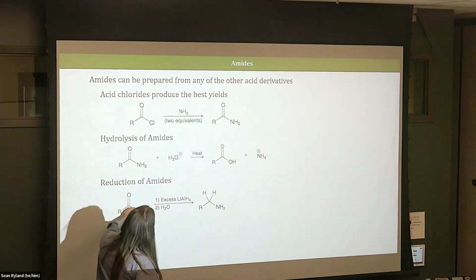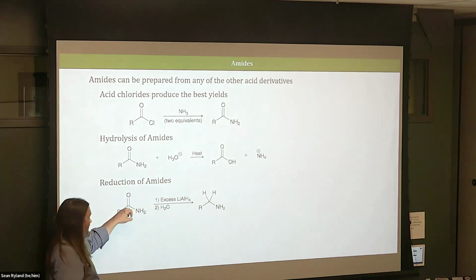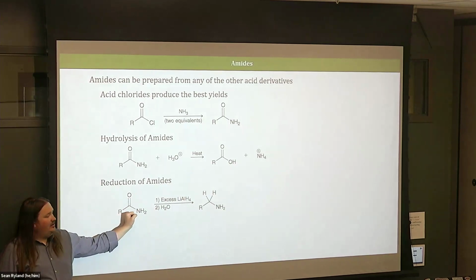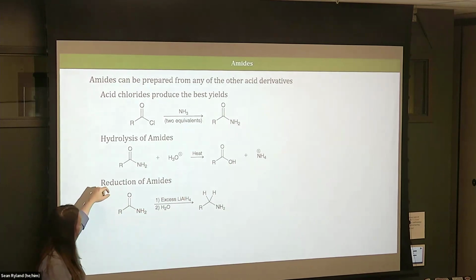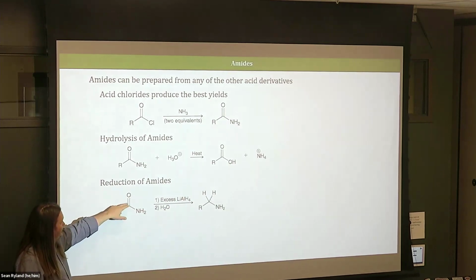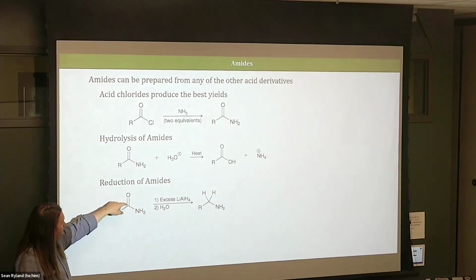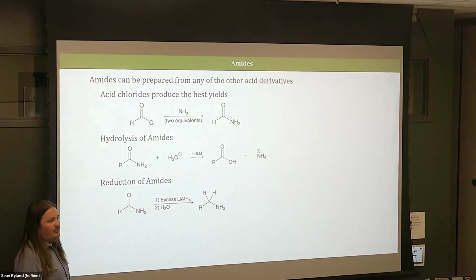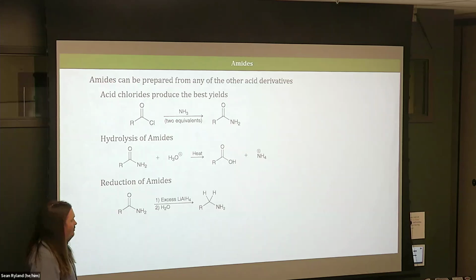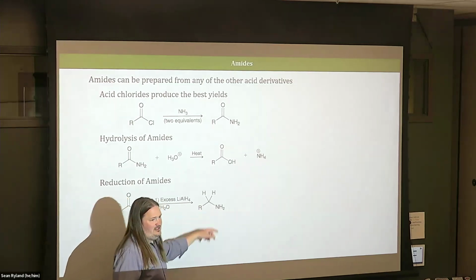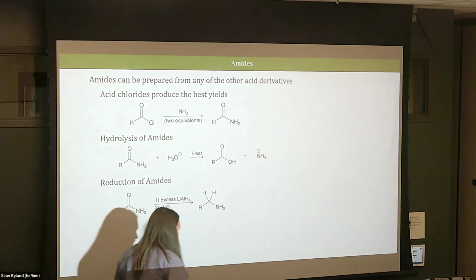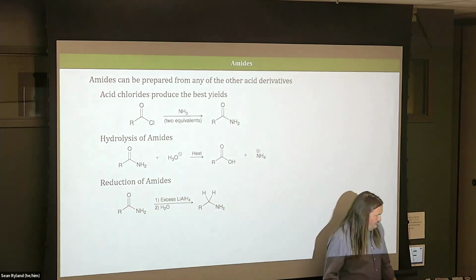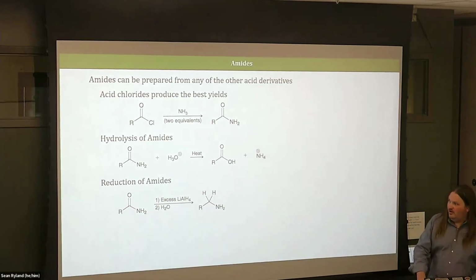And then the reduction goes a little bit differently. If it's an amide, if we expose it to excess lithium aluminum hydride, instead of reducing the carbon and the oxygen here, the oxygen's a better leaving group than the nitrogen is. So you wind up making a primary amine instead of a primary alcohol, which then opens up a whole wide range of reactions as well, that we'll get to in all likelihood.